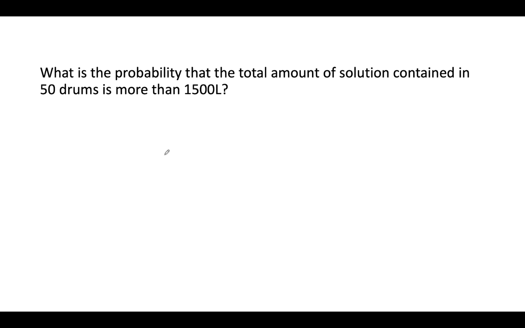All right, so what is the probability that the total amount of solution contained in 50 drums is more than 1,500 liters?